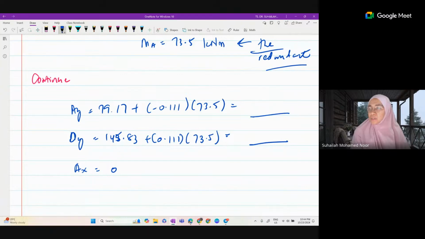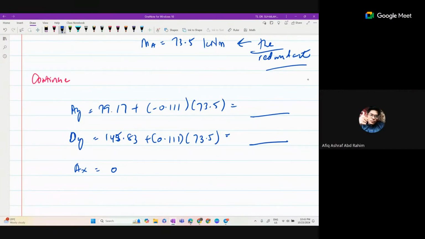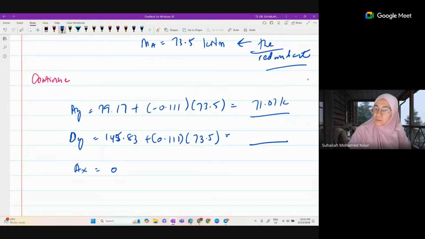Okay, cuba calculate, habiskan. Calculate AY value and DY value. Calculate for me 79.17 minus 0.111 times 73.5, and another one is 145.83 plus 0.111 times 73.5. Okay, AY 71.01 kilonewton.